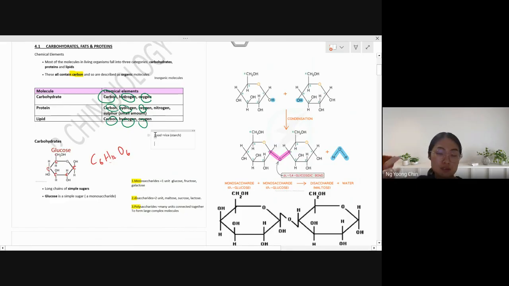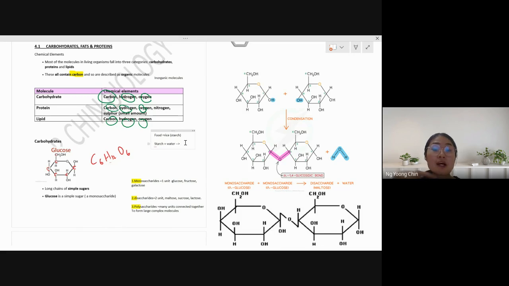In digestion, starch plus water will break down by an enzyme. The enzyme that helps break down starch is referred to as amylase.